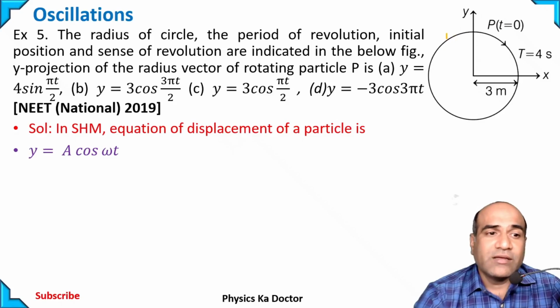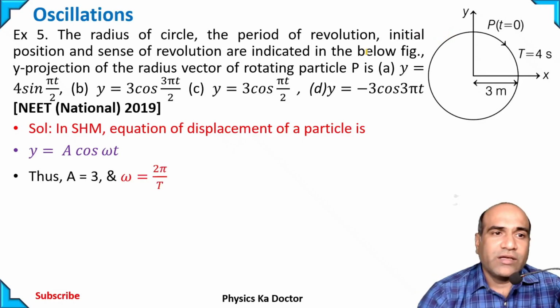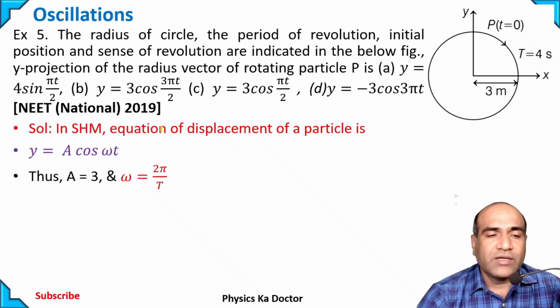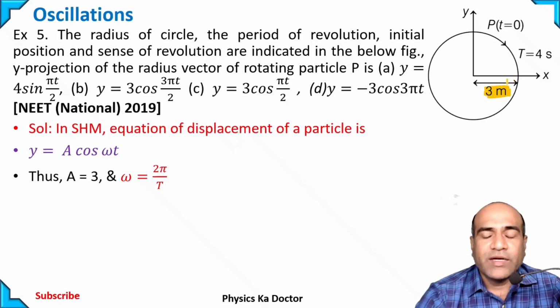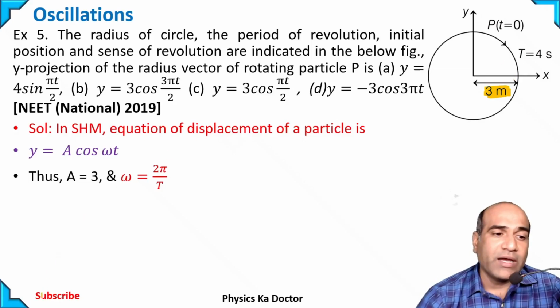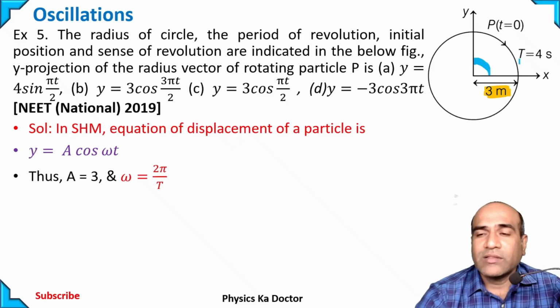Let's see. So here, if we compare this equation, A equal to 3. If you see the drawing, what is A? Amplitude, it is 3, and omega is equal to 2 pi by T, 2 pi divided by the time period. The time period is given as 4 seconds.